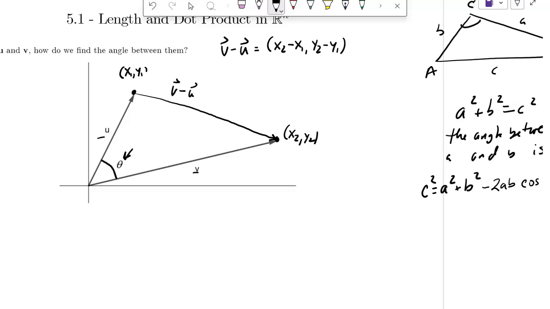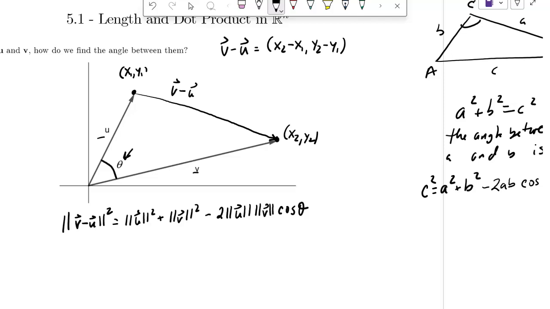According to the law of cosines, and I'm going to use some notation here that you've probably seen and that we're going to use as we go forward, the length of the opposite side squared, where the double bar stands for magnitude or length, so I'm just using that notation to talk about the length of that vector, is equal to the sum of the squares of the other two lengths minus 2 times the lengths of the other two sides times the cosine of the angle.